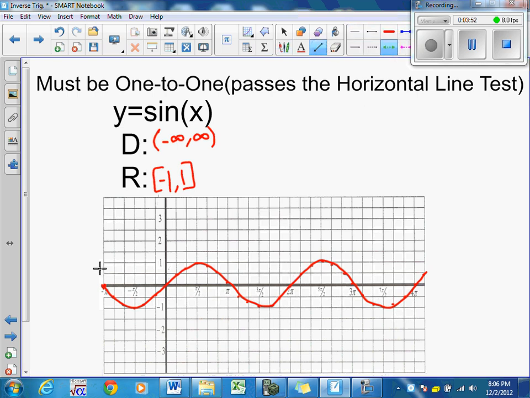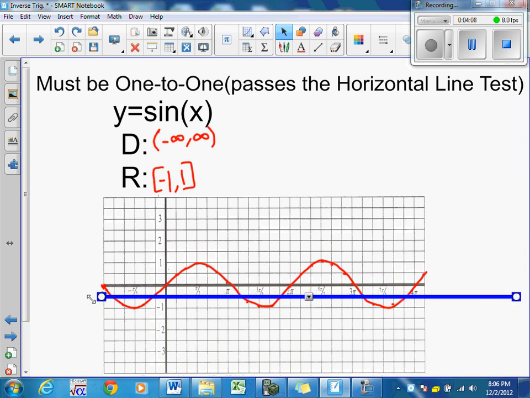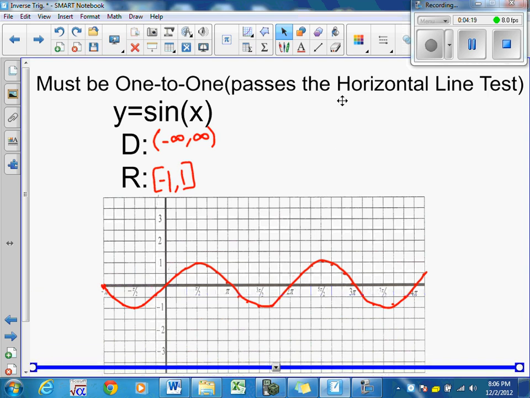This does a horrible job of passing the vertical line test. Let me use a better color to see that. It fails miserably. It intersects at an infinite number of places. And if I extended my graph, it would intersect a whole bunch of times. So in order to have an inverse, it has to pass the horizontal line test. Sine doesn't. So we need to do a little work.